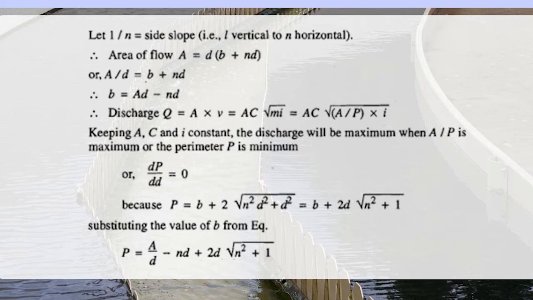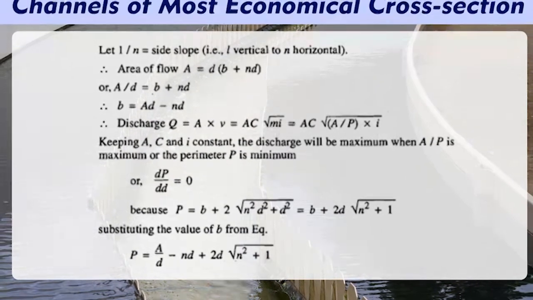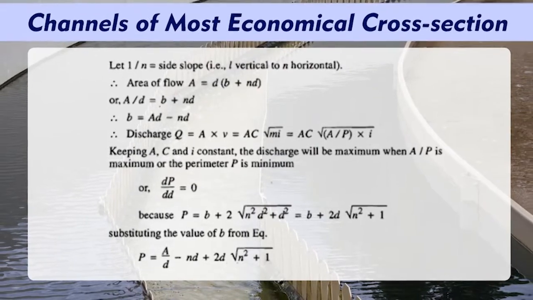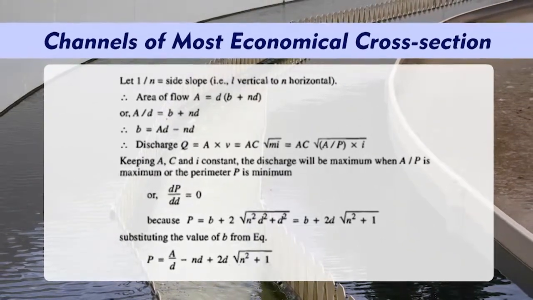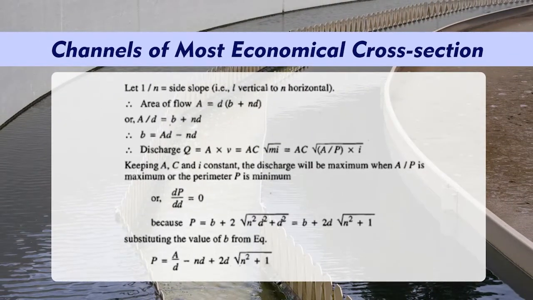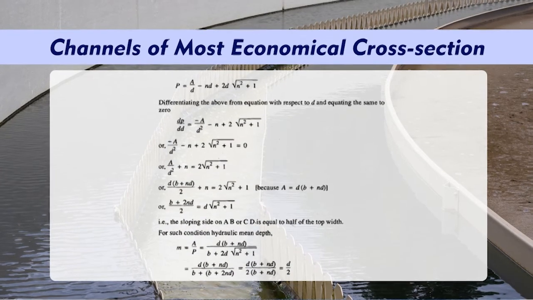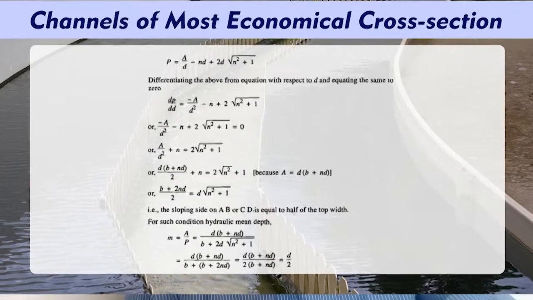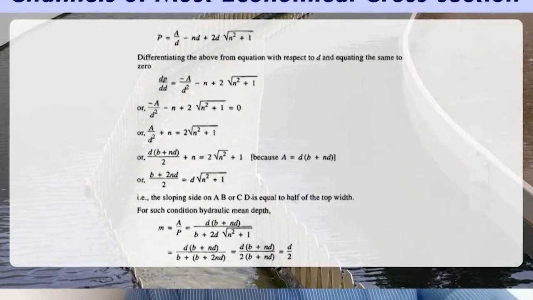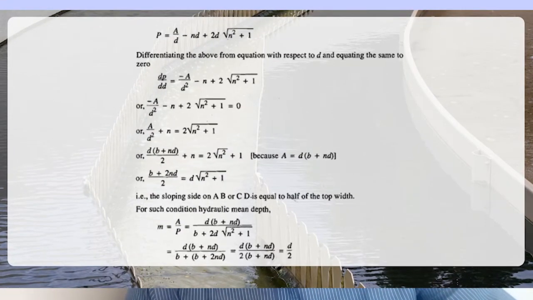We substitute the value of B in the equation, so we get P is equal to A by D minus nD plus 2D into root n square plus 1. So on differentiating we get the value B plus 2nD divided by 2 is equal to D root n square plus 1. So we can say the sloping side AB or CD is equal to half of the top width.